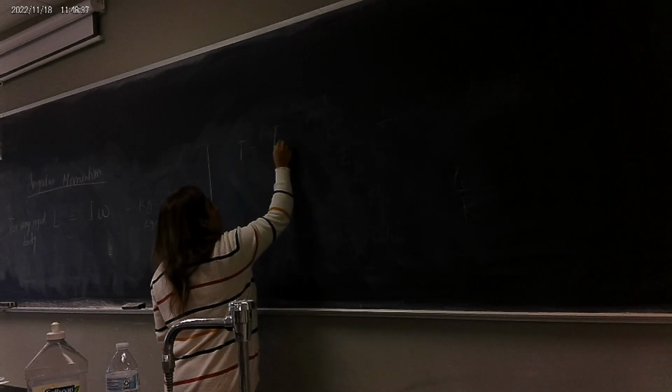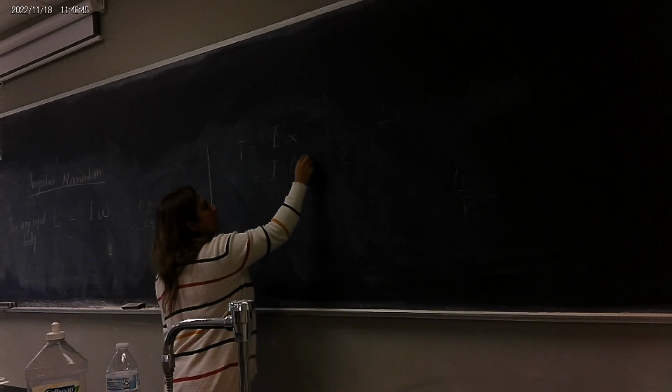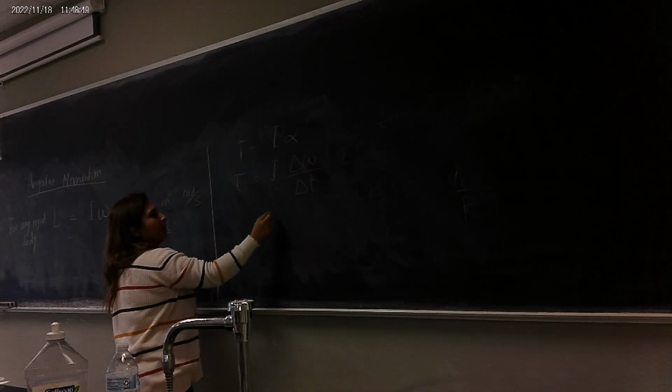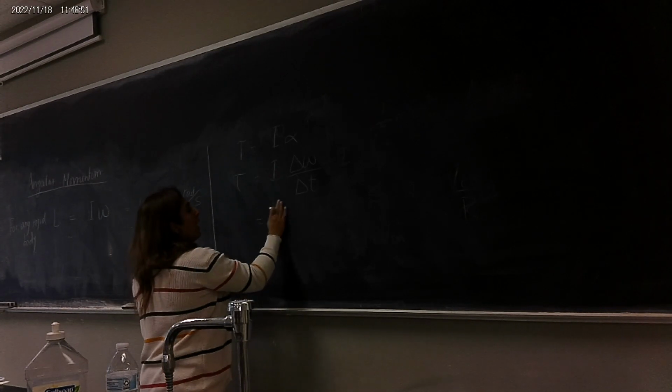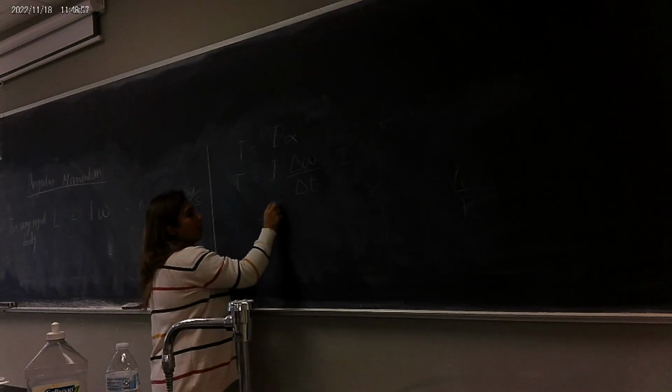Linking it to torque. Torque, we know, is equal to I alpha. Alpha is equal to delta omega over delta t. Now I is constant, like a mass, so we can treat it as a constant quantity.